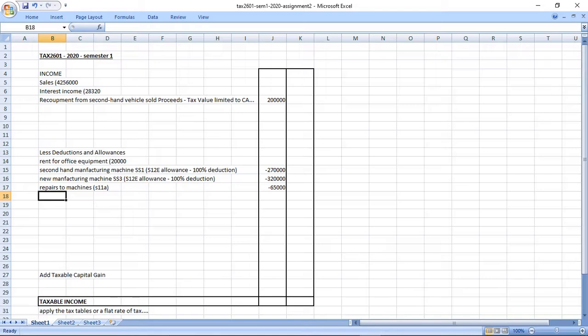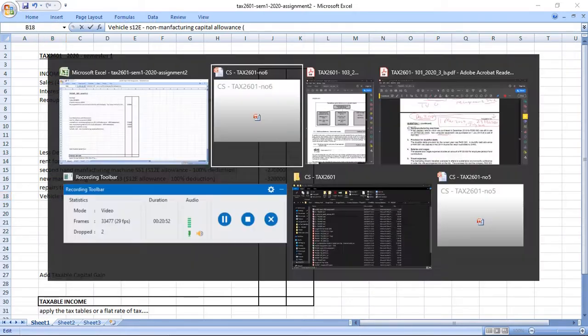So what is this? The vehicle. So vehicle, section 12E, non-manufacturing capital allowance. The capital allowances would have been, I'm going to show the working actually, because remember, it's the 30%.